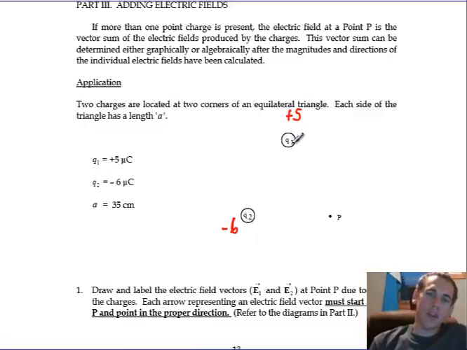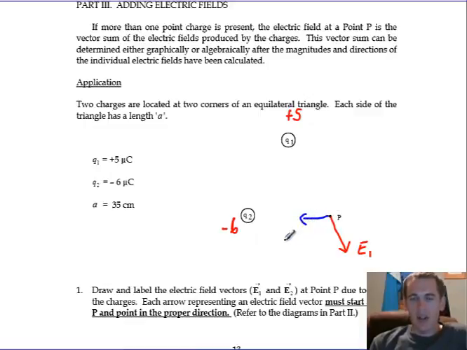If we think of Q1, it's got electric field lines that radiate and point away from it. So there's an electric field line that comes off of P pointing away from Q1. This is E1. Similarly, Q2 is right here. It's got electric field vectors that head towards it because it's negative.